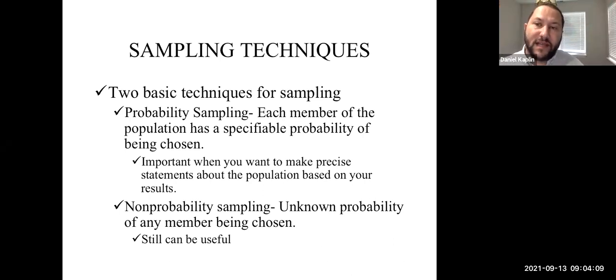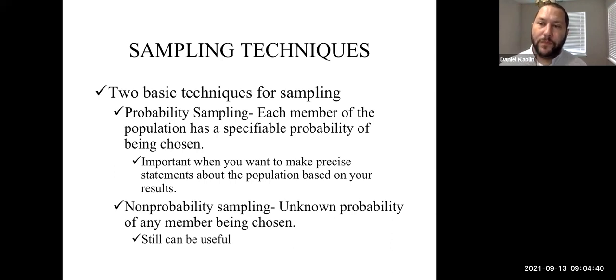And then we have this concept called probability sampling versus non-probability sampling. Probability sampling refers to when you know the likelihood of an individual being selected as part of your study. That's crucial. If the likelihood of this individual being selected is known, we're operating based on probability sampling.